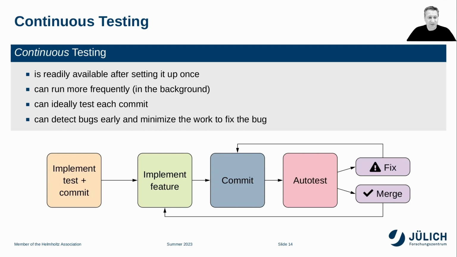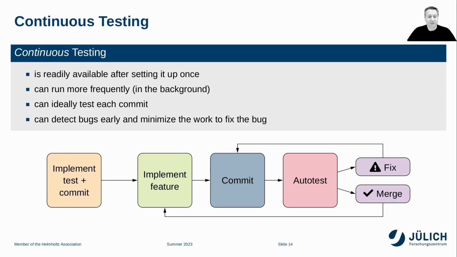How could continuous testing work? The good thing is that after setting up continuous testing, it's readily available. So you can run things more frequently in the background, so you don't need to wait for tests to finish. And you can do that on every commit you do on your software. So you write a feature, commit the feature, in the background the tests will be executed, and you will see if it works or not.